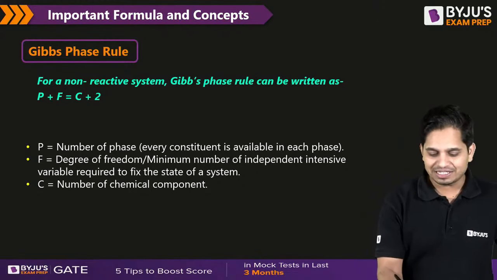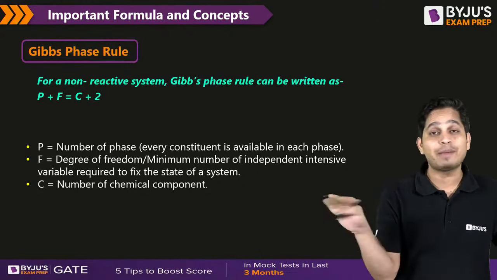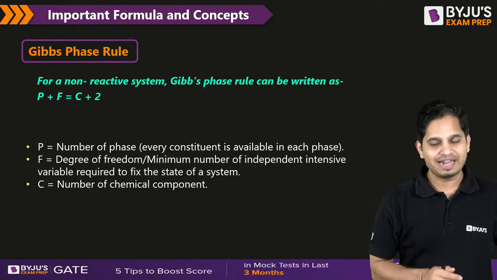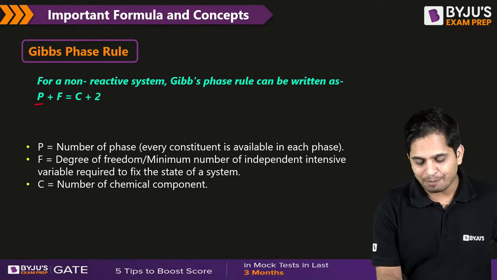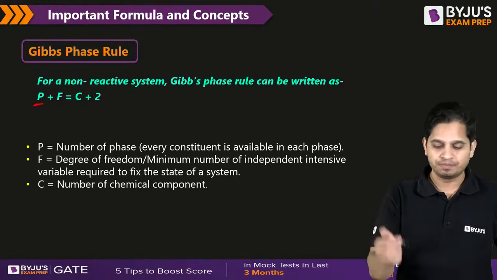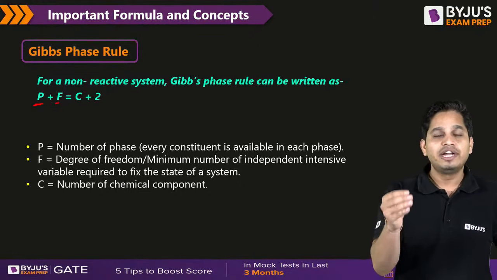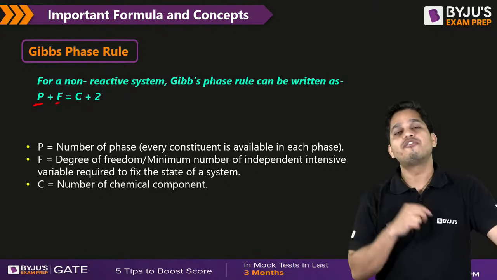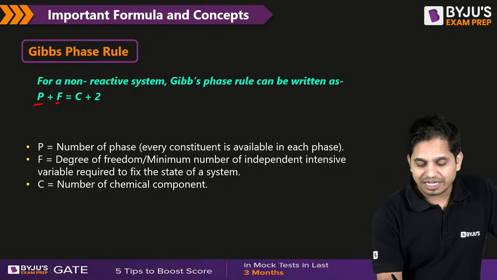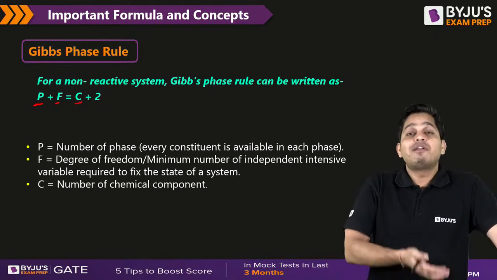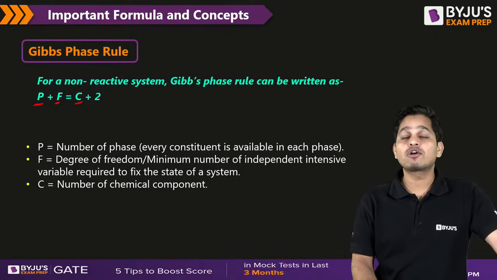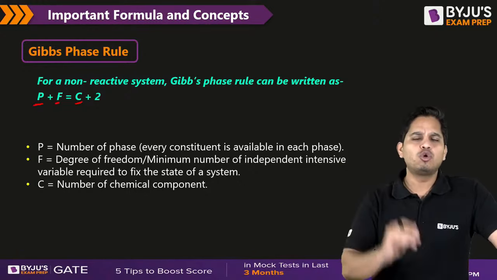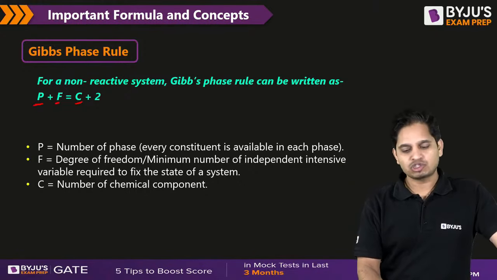Okay, P plus F equals C plus 2, it is for a non-reactive system. There is no chemical reaction. So P is the number of phases, solid, liquid or gas. F is the degree of freedom or the number of independent intensive properties to define the state of the system. C is the number of components. For example, water is a component, made of more than 2 elements, hydrogen and oxygen.